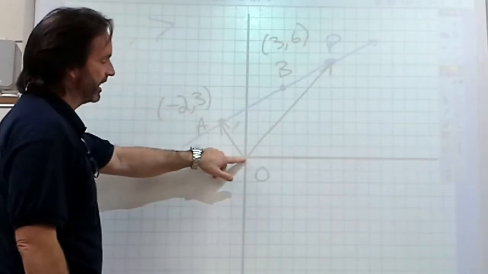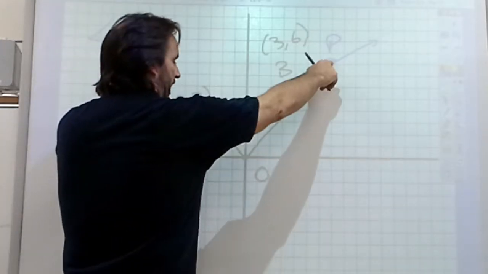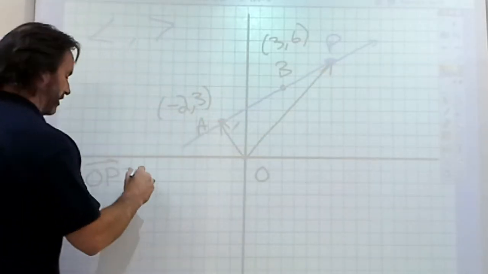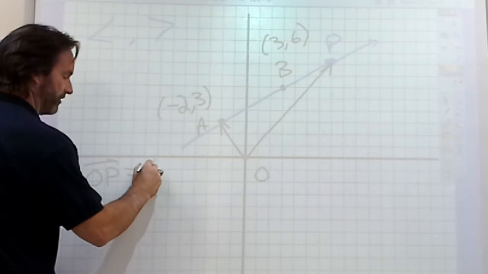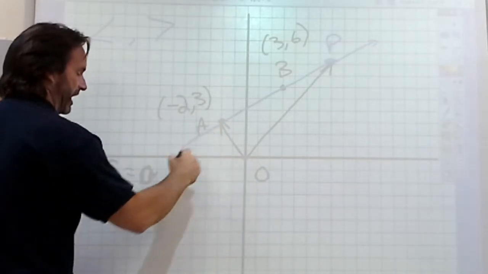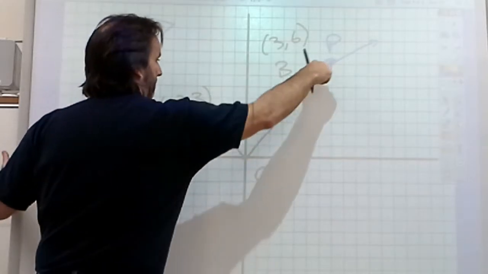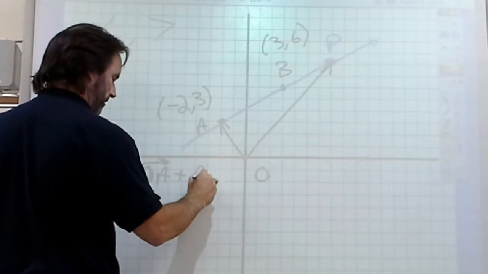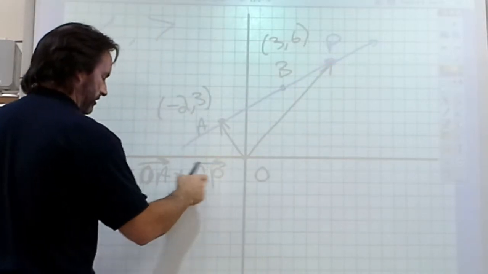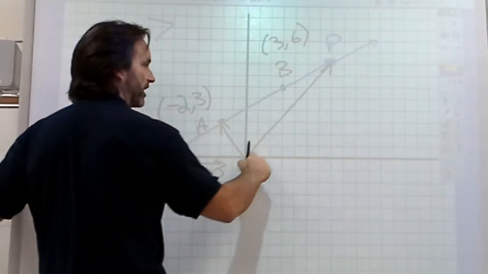Notice I go tail to head and then tail to head. So vector OA plus vector AP equals my resultant vector OP.